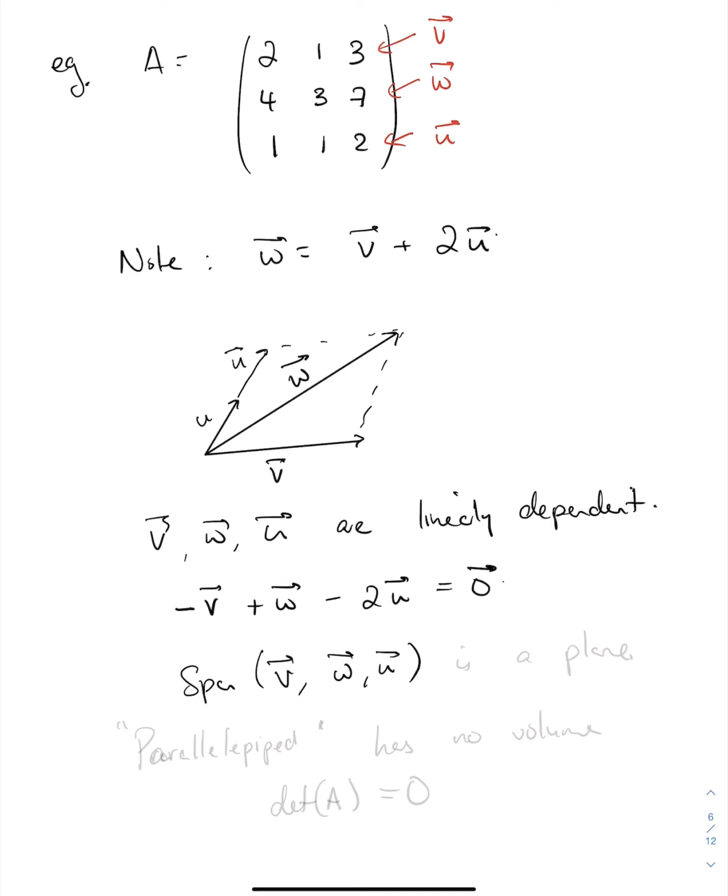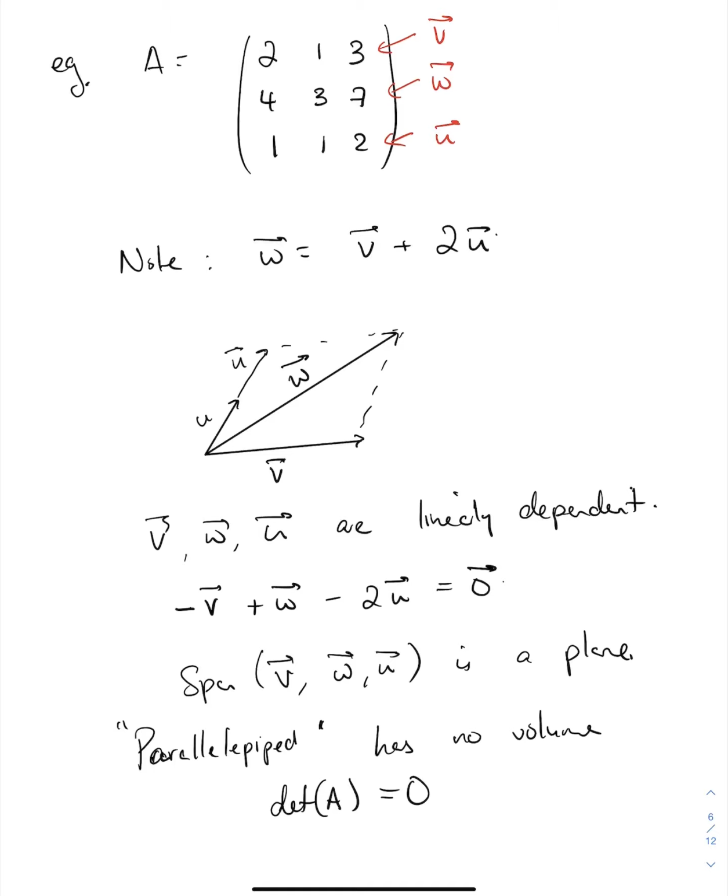It is not a 3-dimensional parallelepiped. It is a plane. So the parallelepiped has no volume. So even without calculation, we would expect that the determinant of A is going to be 0. And so it is.